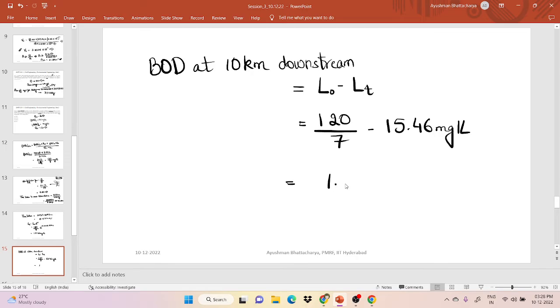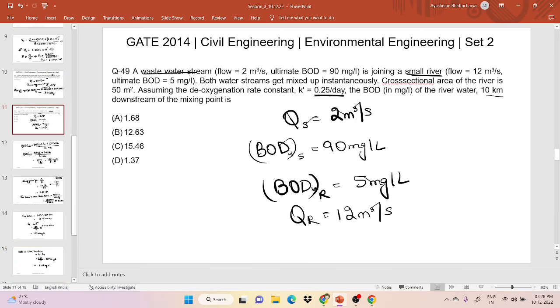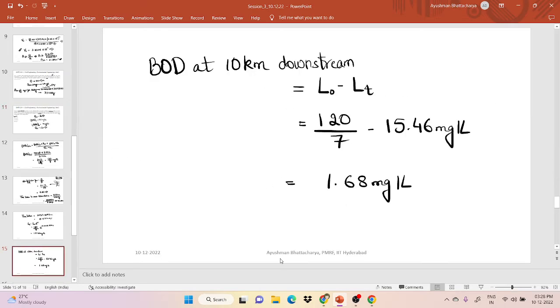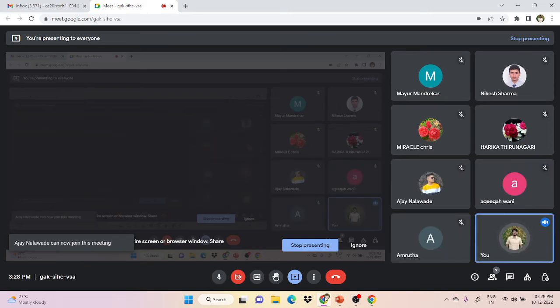So the answer will come out as 1.68 milligram per liter. So answer option A is correct. Is this question clear? Anyone have any doubt?